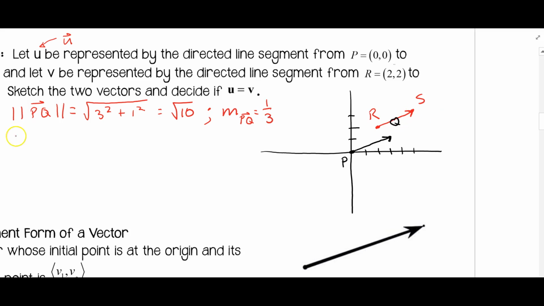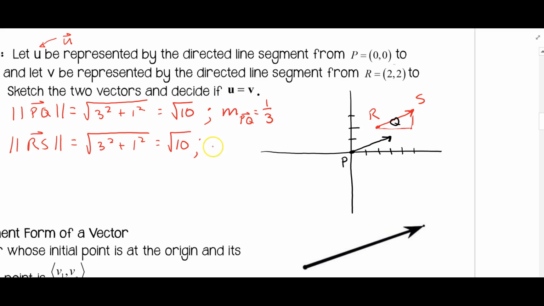Now let's take a look at RS. So the magnitude of RS. So again, if we look at a little triangle here, we're going from 2 over to 5, so that's 3 units, so that's 3 squared. And we're going from 2 up to 3, so that's 1 unit. So that's square root of 10, so the magnitude is the same.